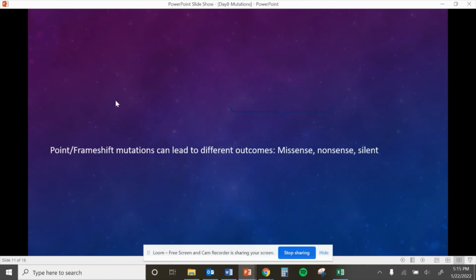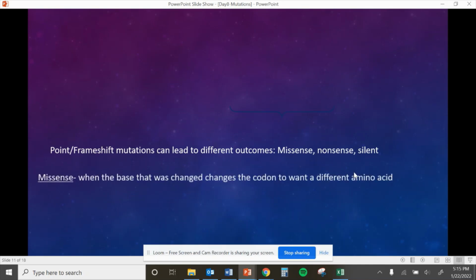Okay. We can also have different outcomes that we have from a mutation, and we call these either missense, nonsense, or silent. So a missense mutation, this is when the base was changed so that the codon is changed into a different amino acid.